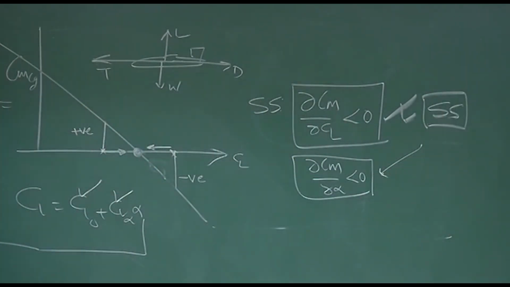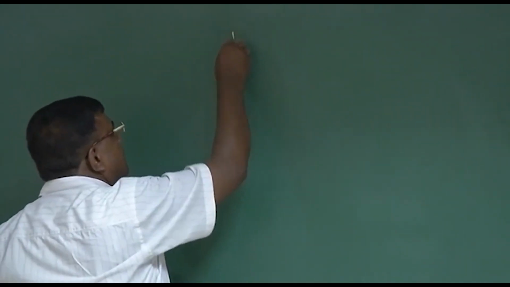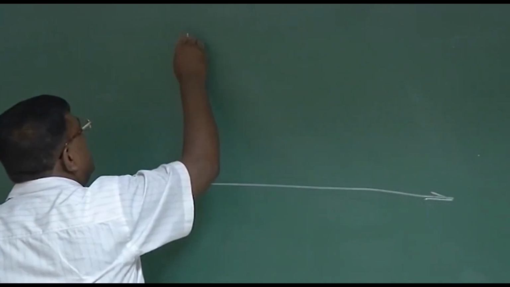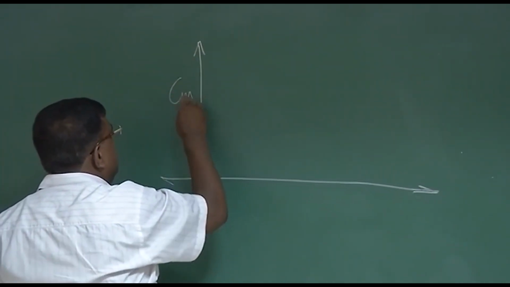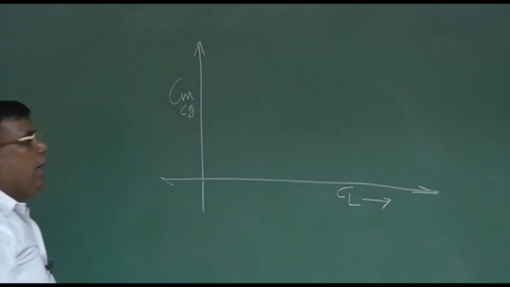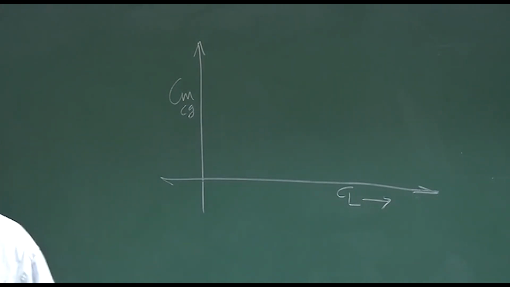You can use both; designers sometimes use dCm by dCl less than 0, sometimes dCm by d alpha less than 0, depending upon the requirement. Now I am using the CM, CG versus CL graph, which is equivalent, with a little bit of numerical scale up or scale down, to CM versus alpha.